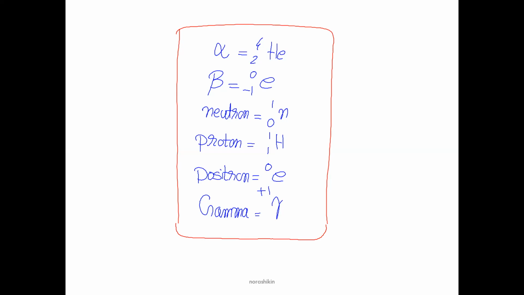What is below proton? Proton is positron. It's a particle. You have to just remember the name.